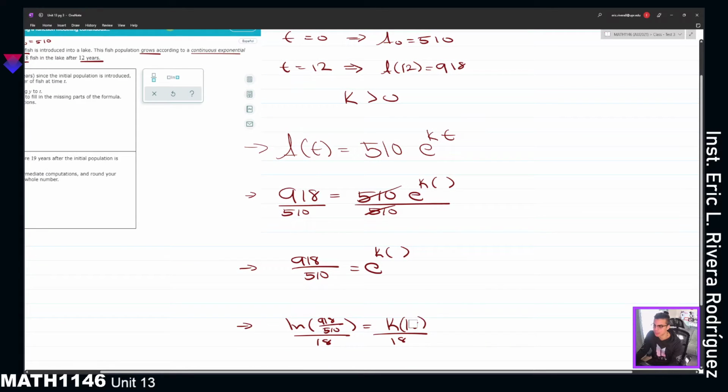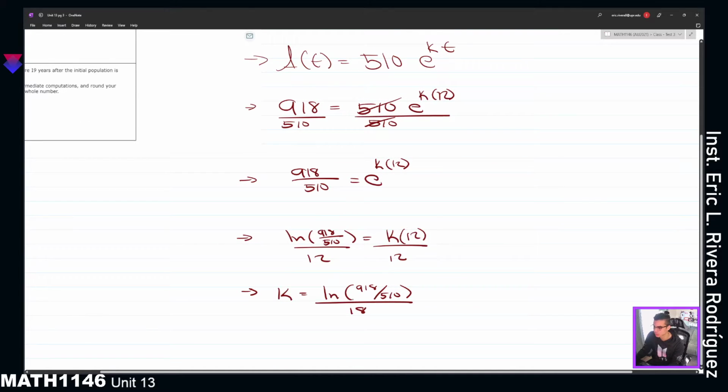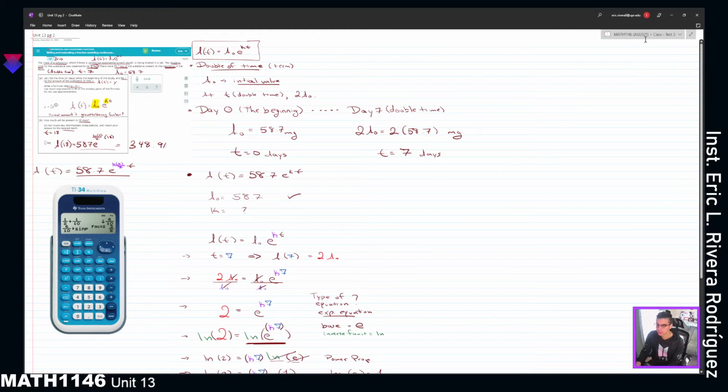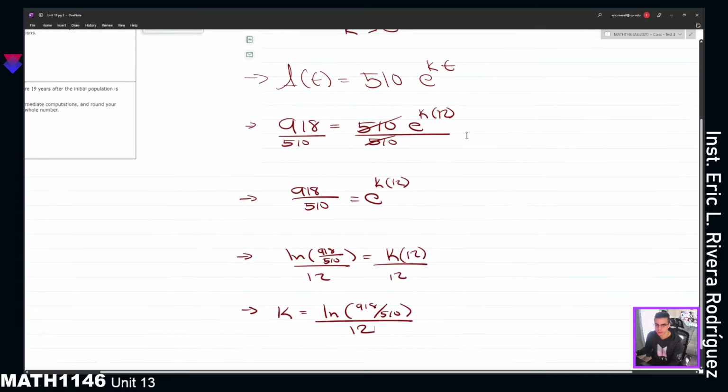The value of t is 12, not 18, but the process stayed the same. I was using the value from the previous exercise, I think.